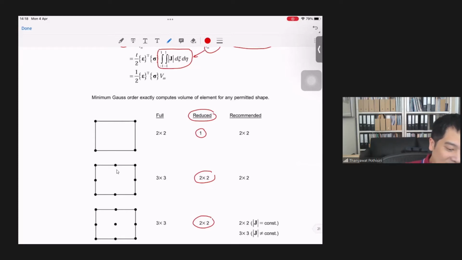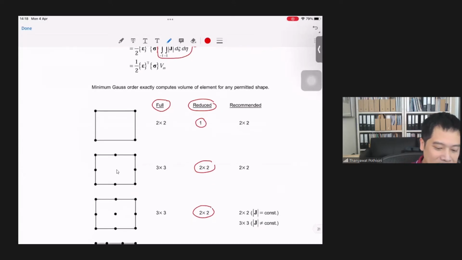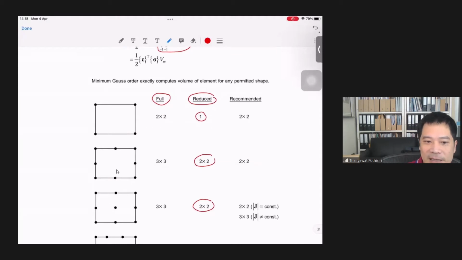Now, we have full integration order and we have reduced integration order. The question is, which one should we use for each type of element? Okay. Now this comes from experience.